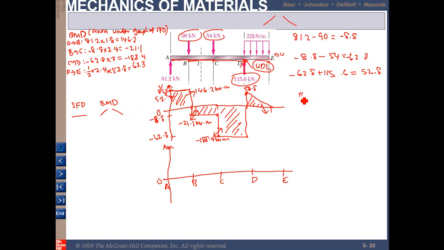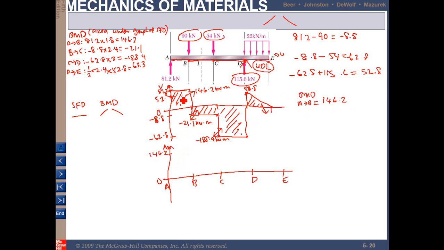So for the bending moment diagram, at A to B it is equal to 146.2. So it will start from 0, definitely from 0 to 146.2. So let's say this is 146.2.